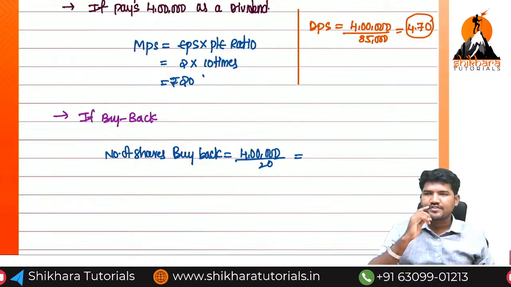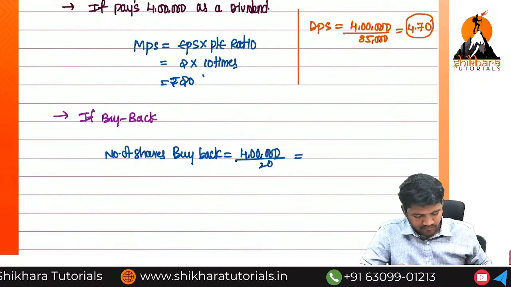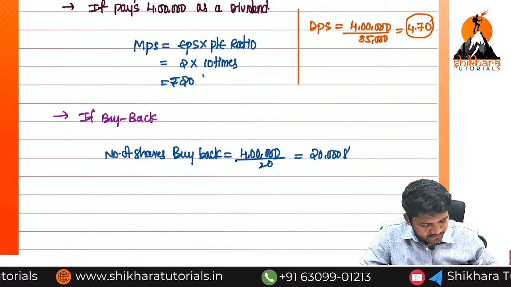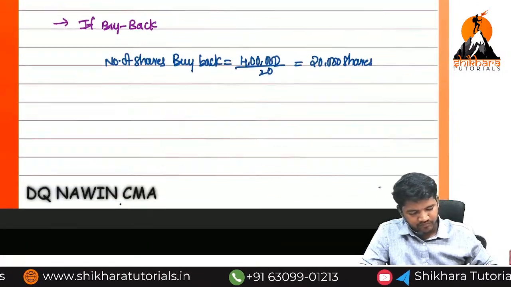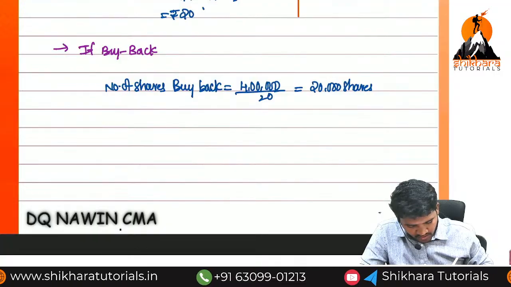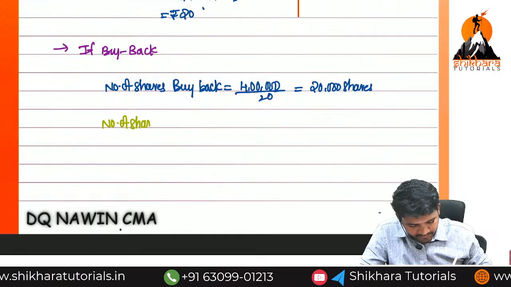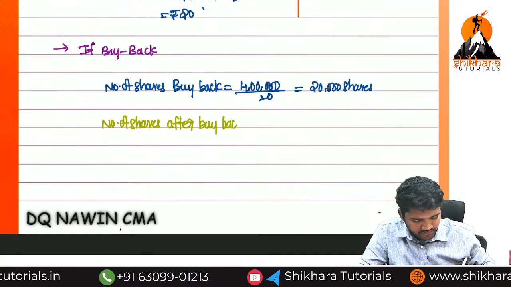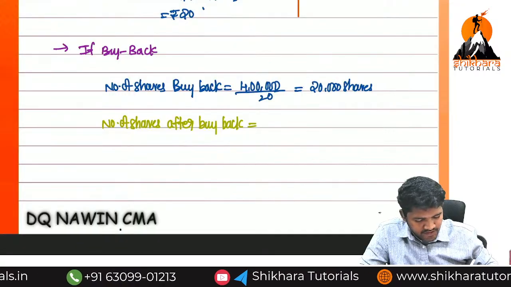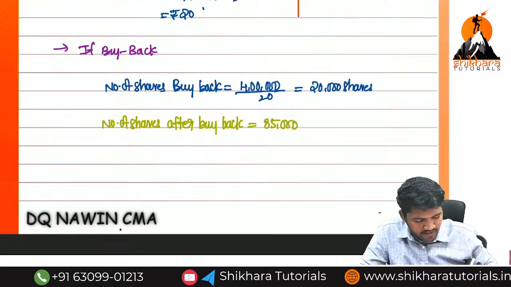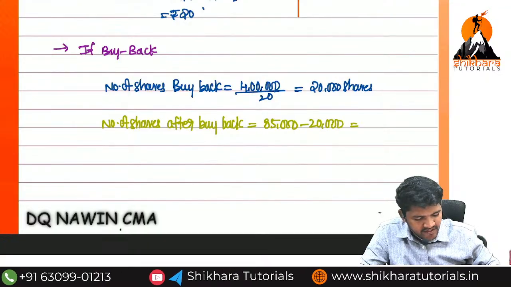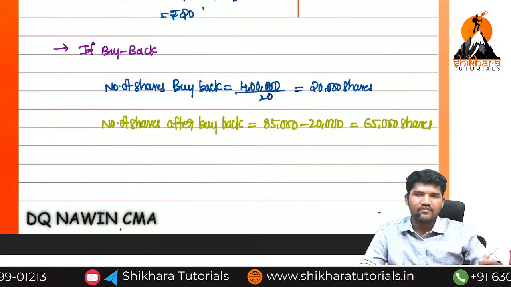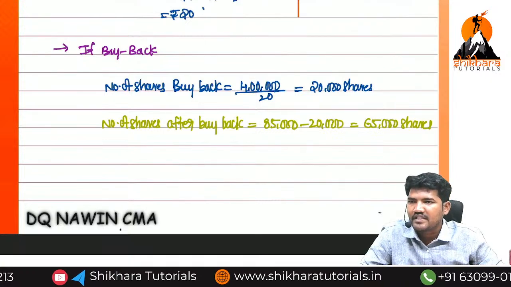I will get the bought back shares: 20,000 shares. Number of shares after buyback. The total number of shares is 85,000, and I am buying back 20,000. So how many shares are in the hands of the company? 65,000 shares. So we have to calculate MPS for 65,000 shares. Guys, clear? Done.